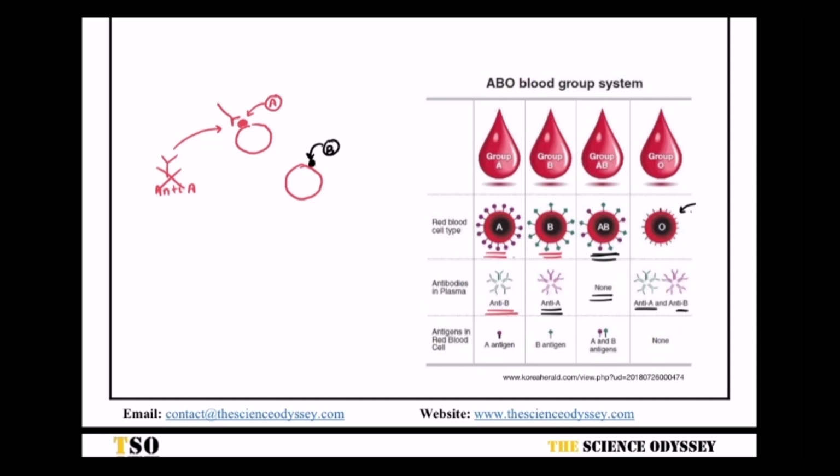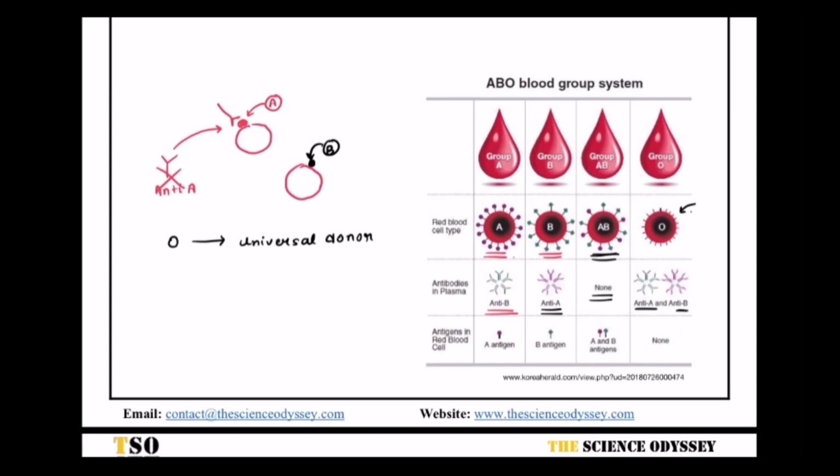Along with this, another two very important things that you need to keep in mind: the blood type of O is referred to as the universal donor.